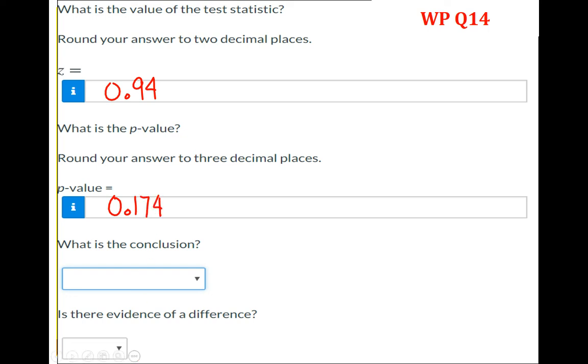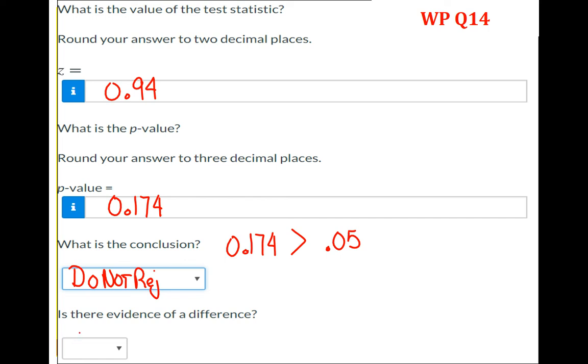Here's my p-value, 0.174. I'm comparing that to the 5% alpha level that we talked about earlier. The p-value is greater. Remember, the p-value always has to be smaller if you're going to reject. So you do not reject.